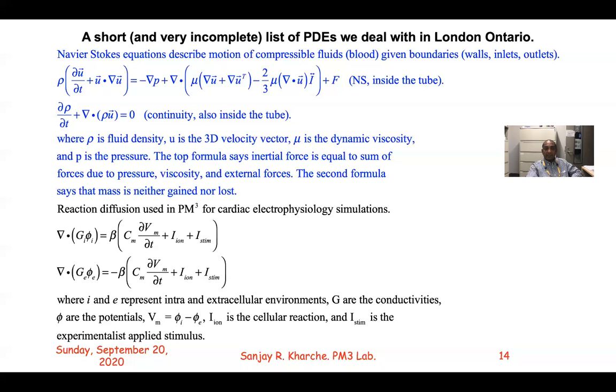And this PDE is called Darcy's law, which we will discuss at a later date. But for now, at the top are the Navier-Stokes equations for blood flow, and at the bottom are the reaction diffusion equations for cardiac electrophysiology simulations.